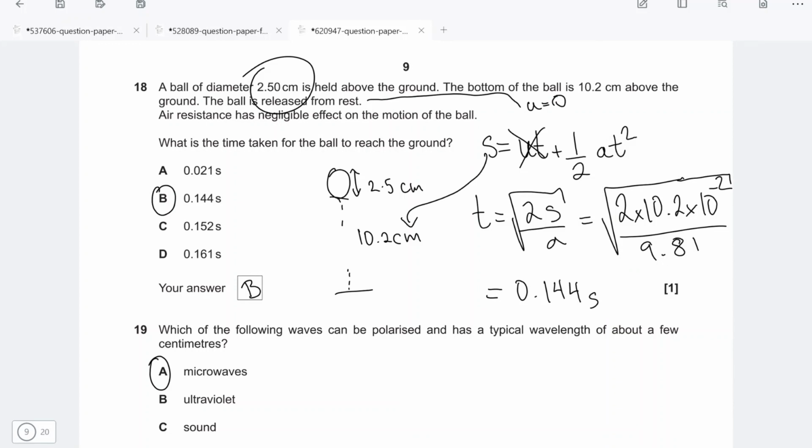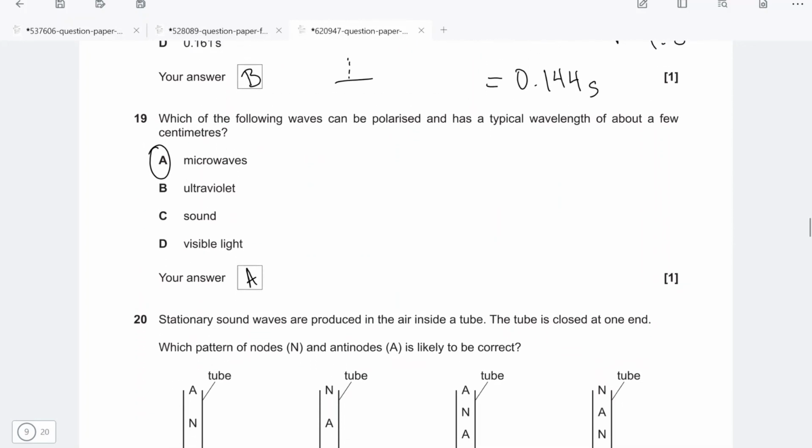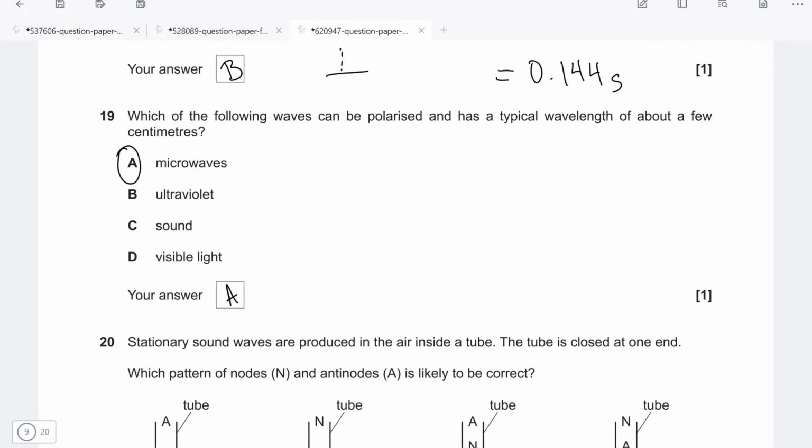Okay, so question 19. Which of the following waves can be polarized and has a typical wavelength of about a few centimeters? Well, the answer is microwaves. Microwaves have a wavelength of a few centimeters. They can also be polarized, and the reason why is because they are transverse waves.